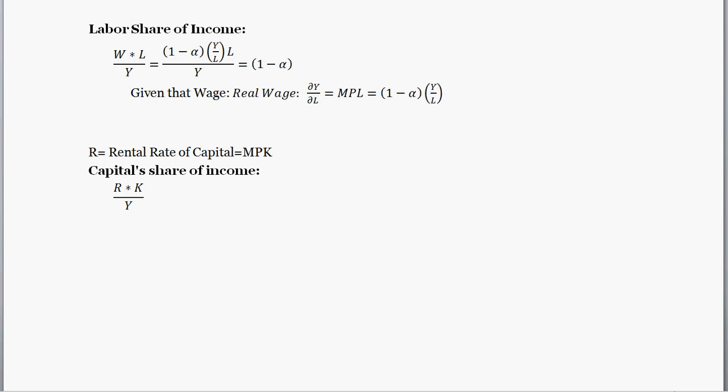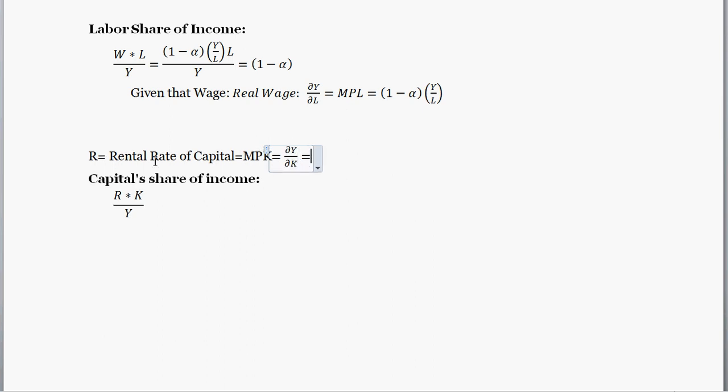And the marginal product of capital is going to be how production changes, dY, given a change in capital, dK. In other videos, once again, I walk you through step by step, given the Cobb-Douglas production function, how to find this. But I know that it's alpha times total production divided by capital. So it's alpha times Y over K.